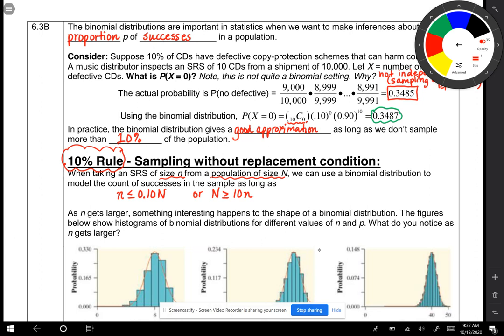So basically, right here, I can say this is known as the independence rule.